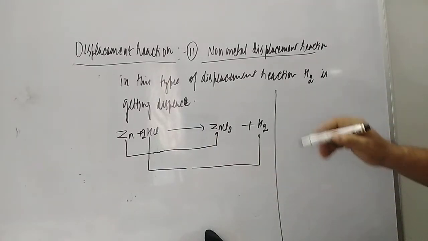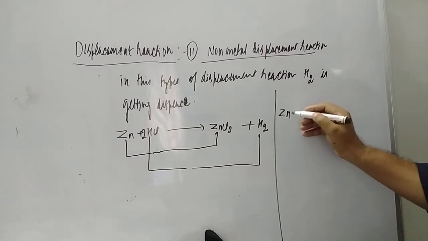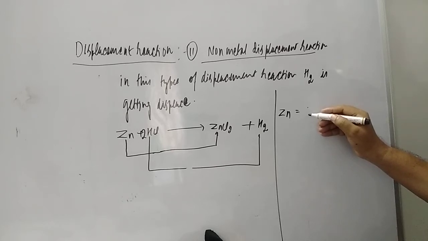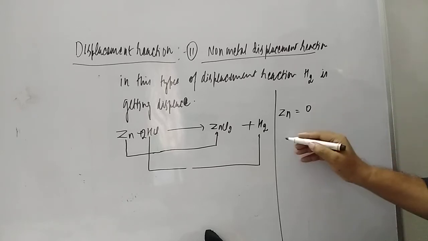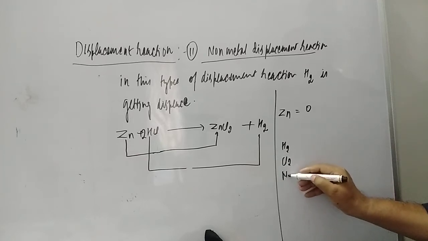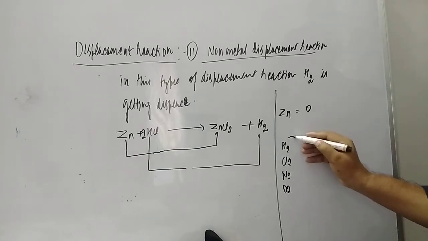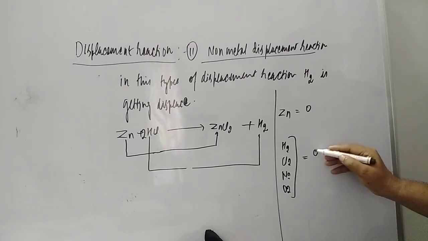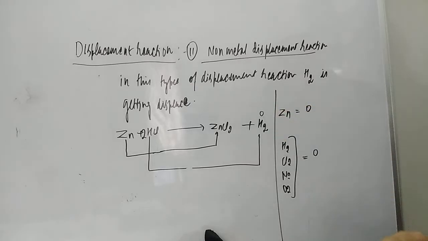Now you check, students. Zinc in the free state, I told you how much it will be. What is the oxidation state of zinc in the free state? Zero. I told you, if H2, Cl2, N2, O2 is there, the oxidation state of the molecule is zero. So here it is 0.